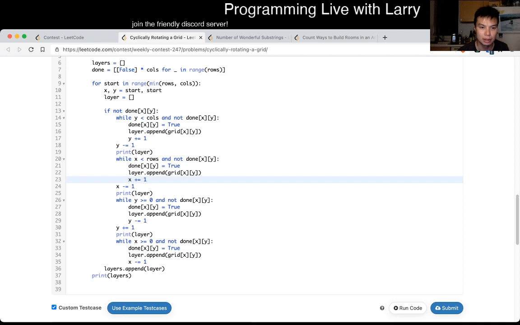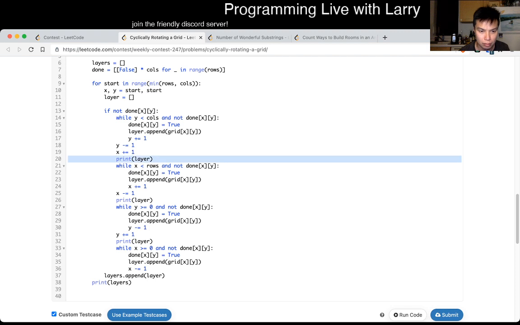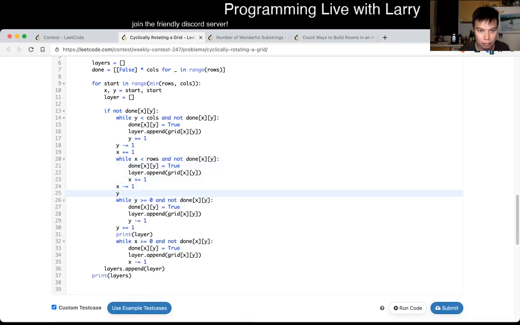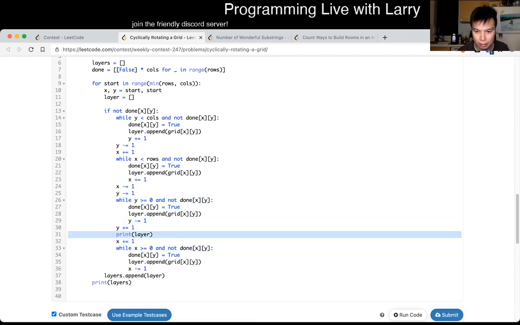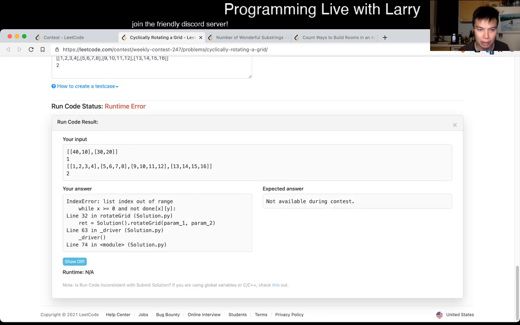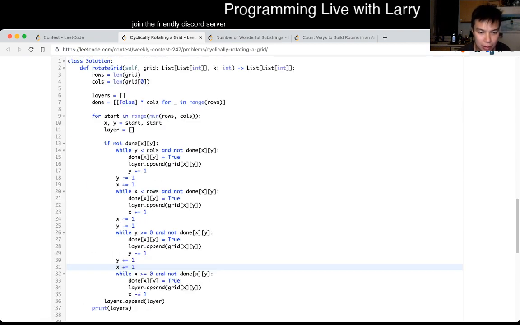Oh, because this is... Oh, this is such a mess. I feel like there's definitely a better way to do this. Oh man, I don't even think I'm gonna get this in 15 minutes.